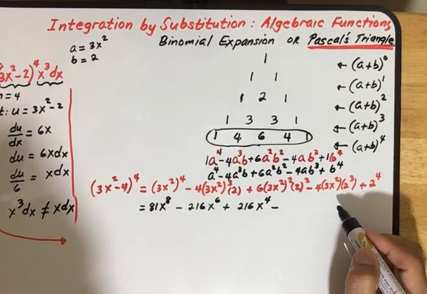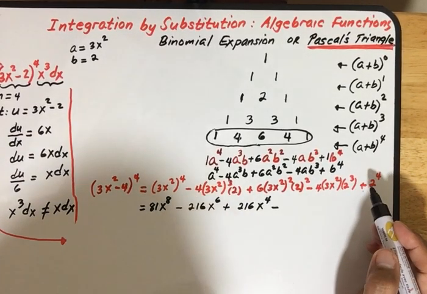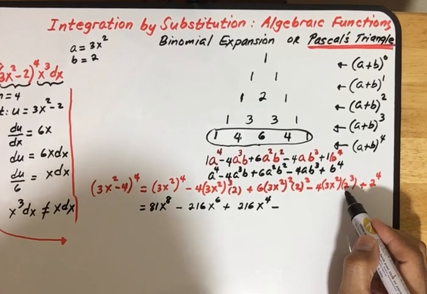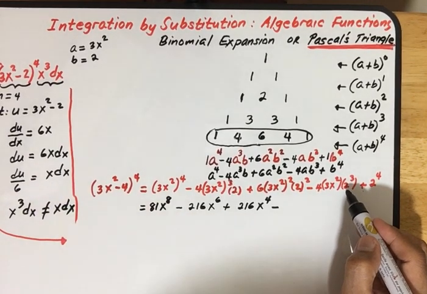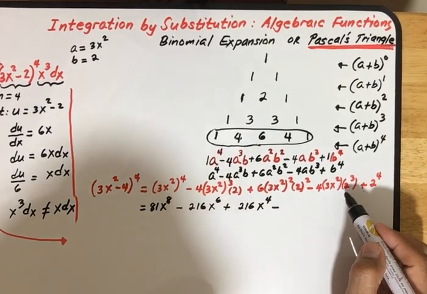What is 2 to the power 3? So 2 to the power 3 is 8, right?